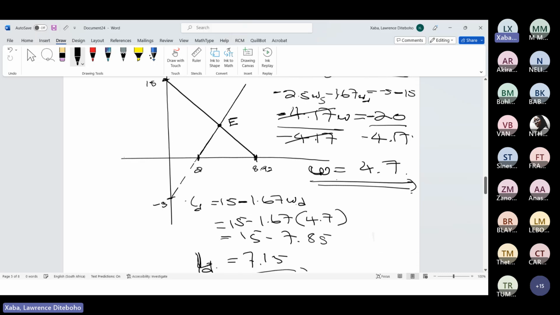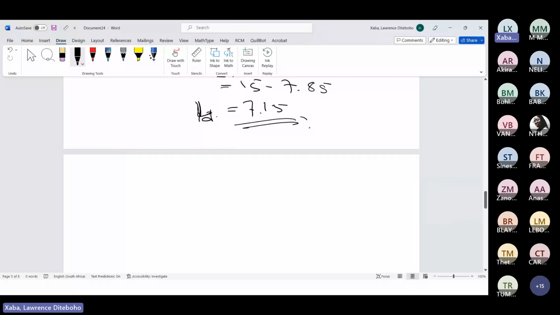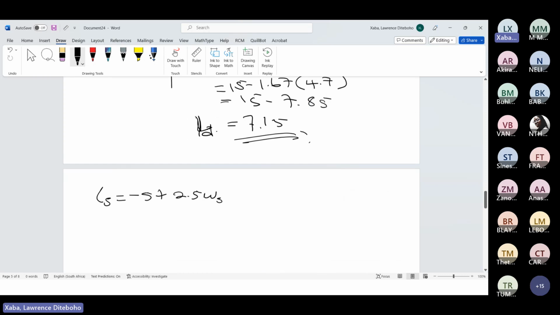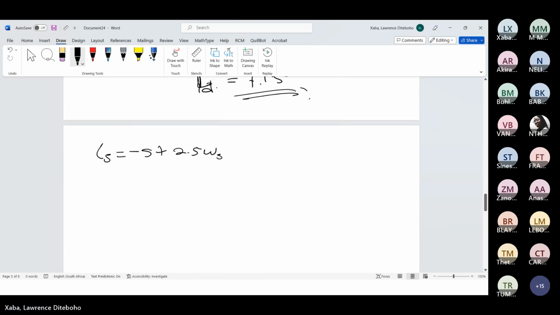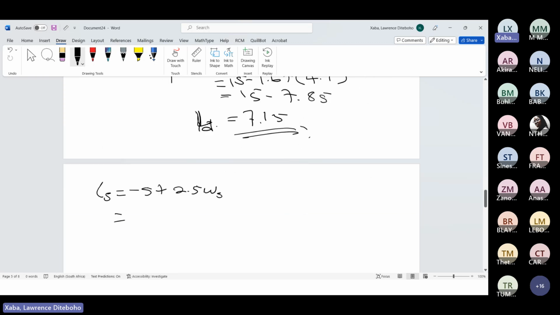The second equation is L subscript S equals negative 5 plus 2.5 W subscript S. Let me confirm it. Yes, this is correct. So we take the same value, this one. Then where we see W, we substitute 4.7.